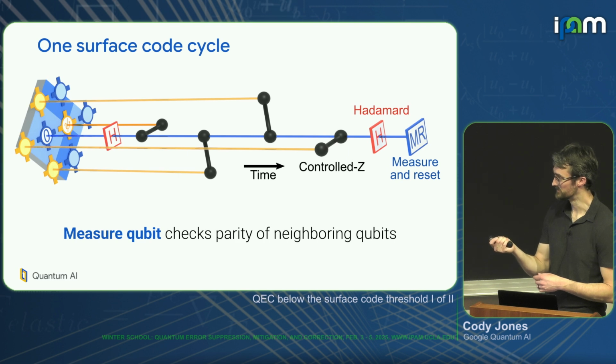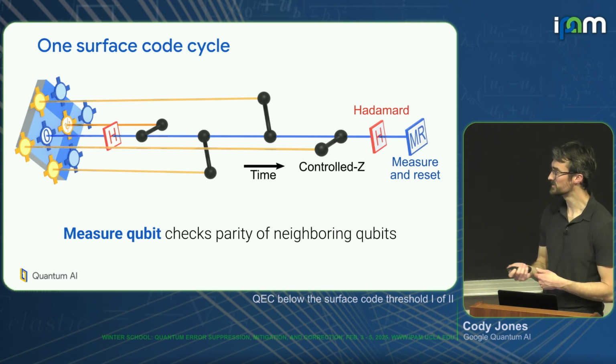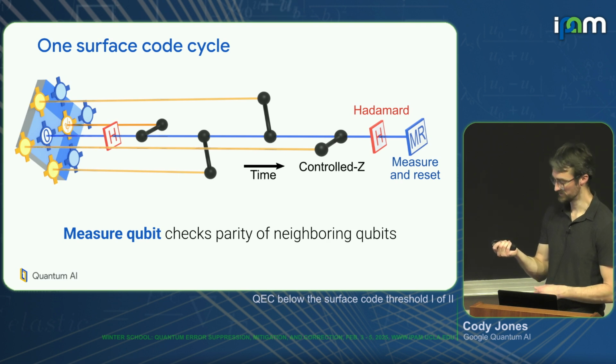This is the symbol for a CZ gate with its 4 neighbors in a certain sequence, and then a Hadamard and a measurement. So you probably saw in the error correction tutorial that we call this a syndrome measurement circuit. And so this is a single surface code cycle from the perspective of just one qubit.